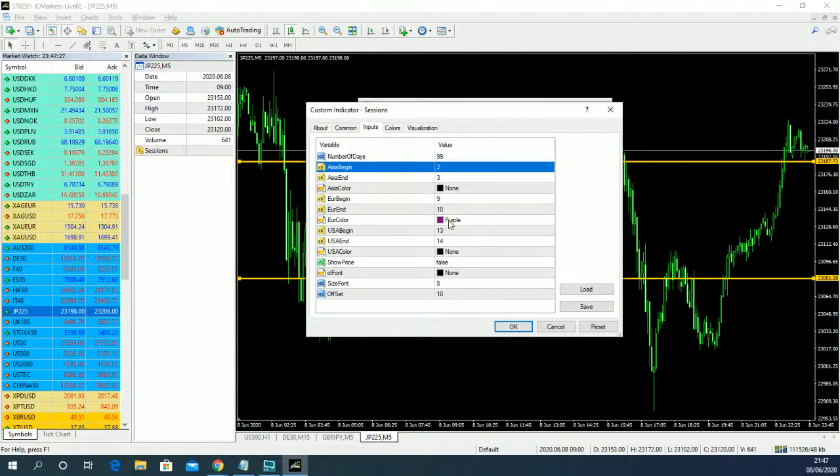Initially we were only looking at the Euro session, not anything else. That's why we set the start time to 9 and the end time to 10. The color is purple. But for the Asian session, even though we have a time of 2 to 3, we set the color to none, so that's why it's not showing. Same thing for the US. It's not showing because the color is set to none.